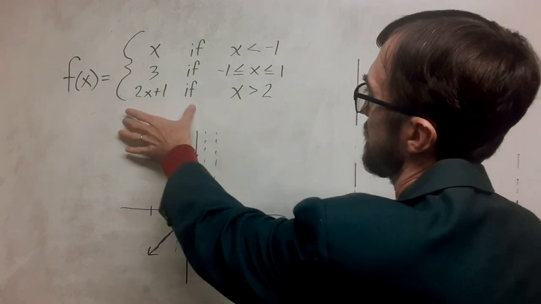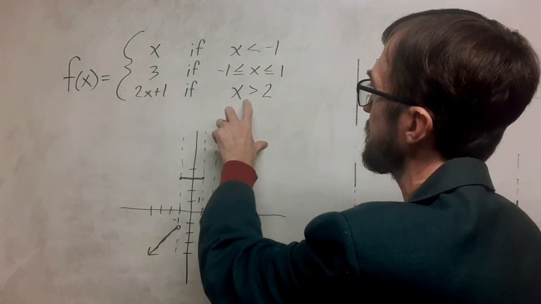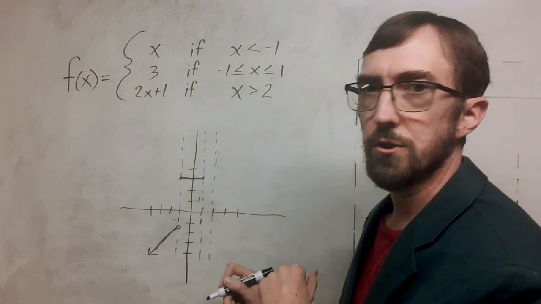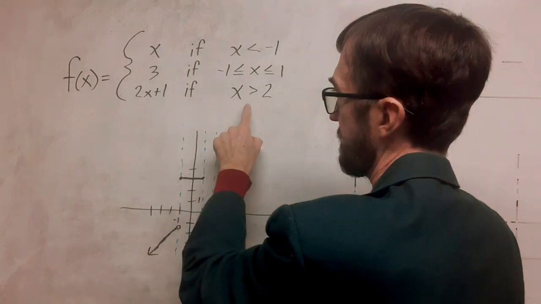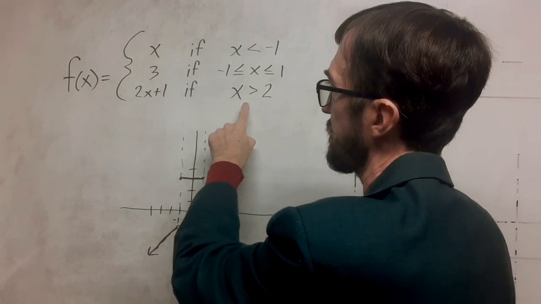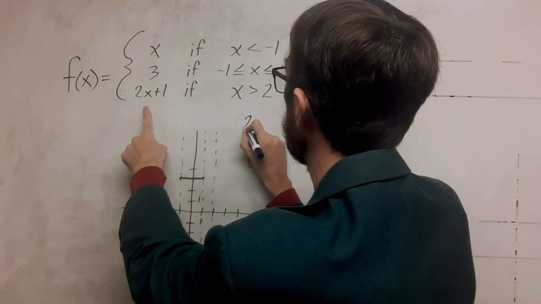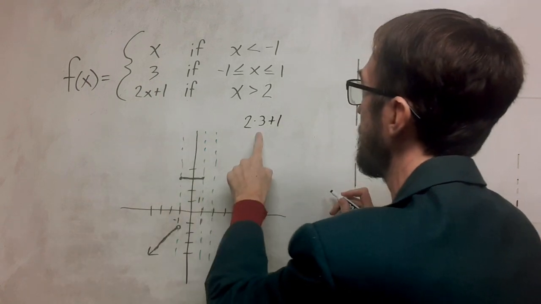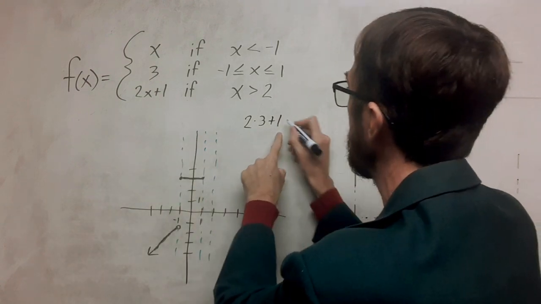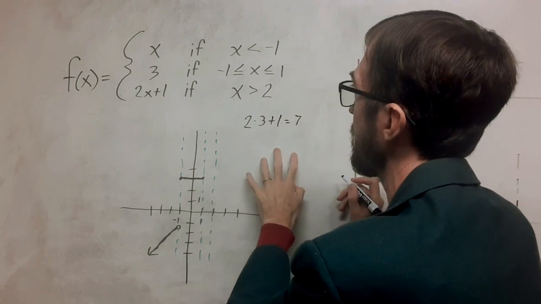And then lastly, for this third piece, I can choose any x that is strictly larger than 2. I'm going to take that value and plug it in here. One value I can choose is 3, so I'm going to drop 3 into there. So 2 times 3 is 6, plus 1 is 7. That'll be my y coordinate.